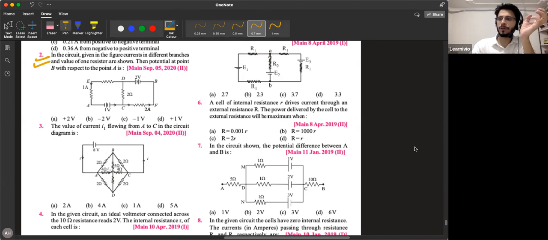Simple, very simple application of Kirchhoff's law. And I think the way this question is given, you don't even need to solve the equations. We have given you the current. You can decide the current in each branch. Potential at B with respect to A means we need VB minus VA. 58, two more minutes left.